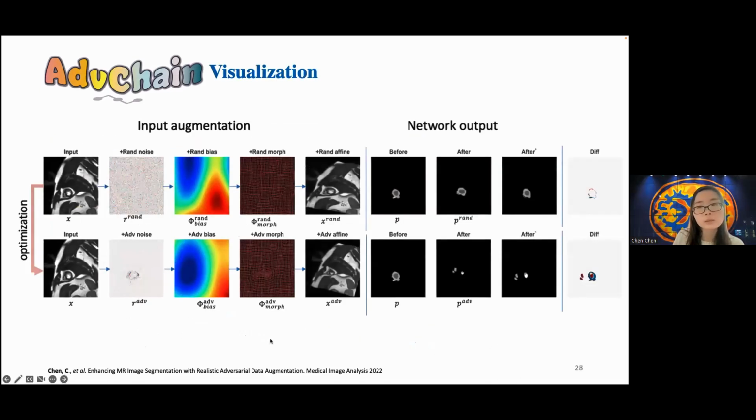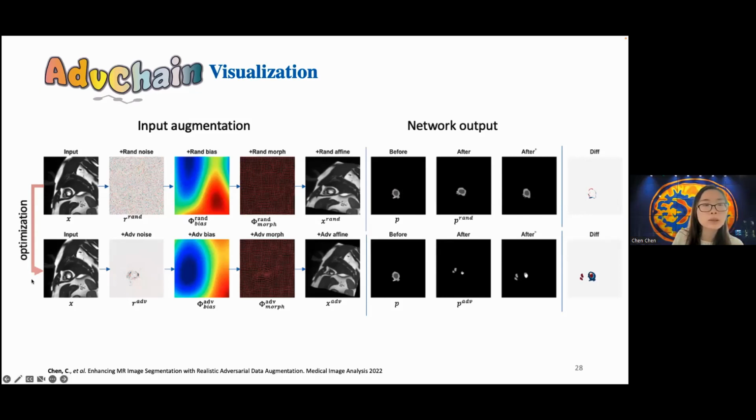So here is an example of the Adv train. We are given an input image X. We first sample a train of transformations. So here we include adversarial noise, bias field, morphological transformation, and some affine transformation. As you see, if we plot the network predictions, the network can be very robust actually. This may be because we already include such random data augmentation as the default pipeline when we train our models.